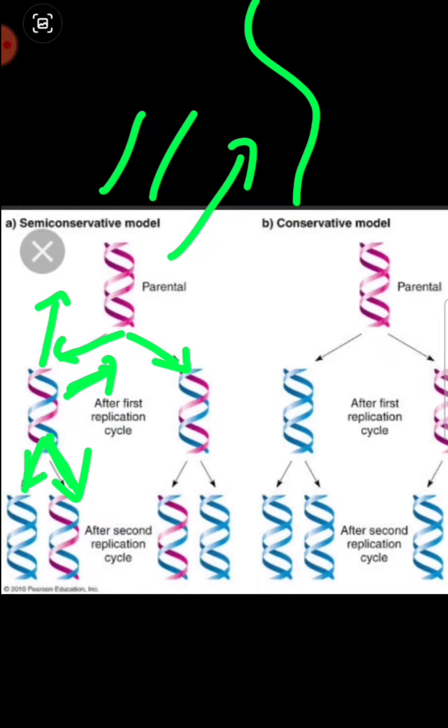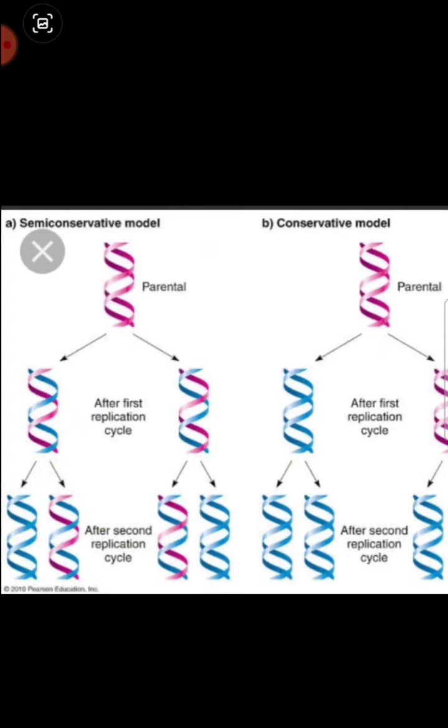The blue and pink are just to give you an idea of how the strands will separate. Again the blue strand will have its own newly synthesized strand, and the pink strand will have a newly synthesized strand too, and they will make copies. The same thing happens here also. This kind of model we call the semi-conservative model of DNA.